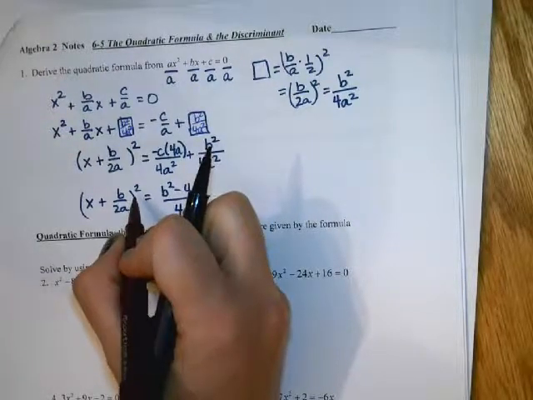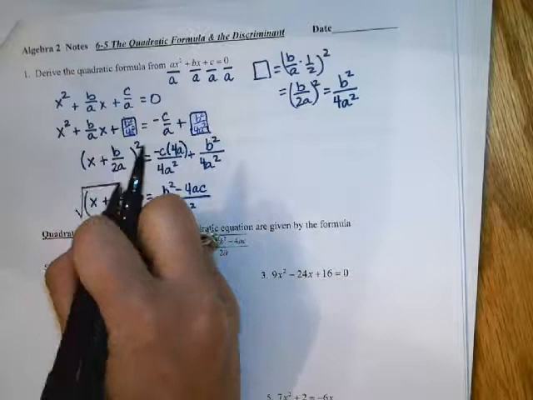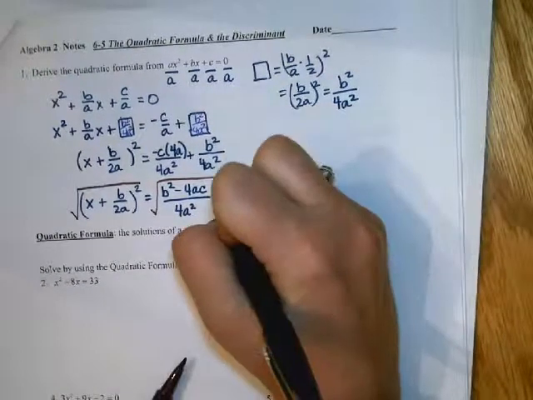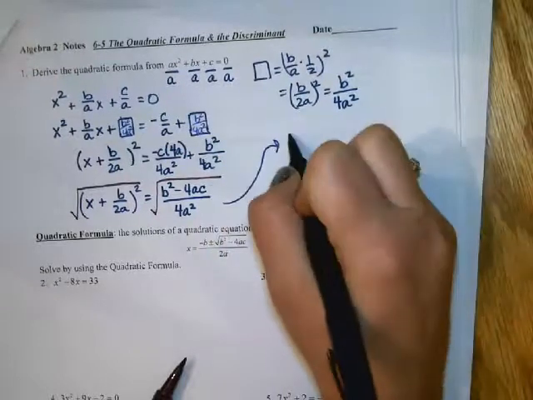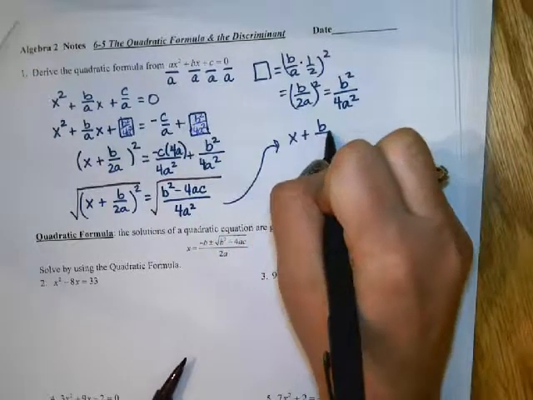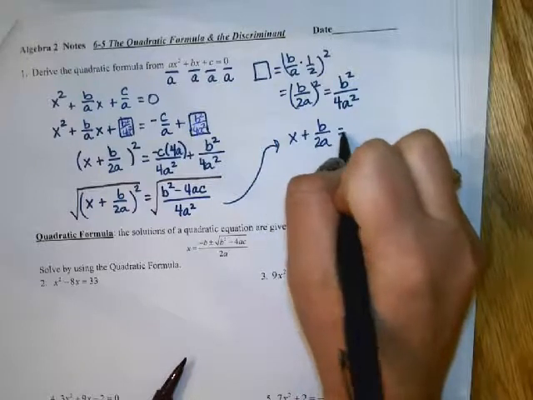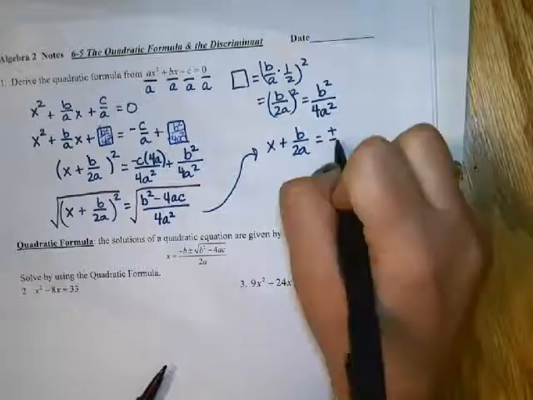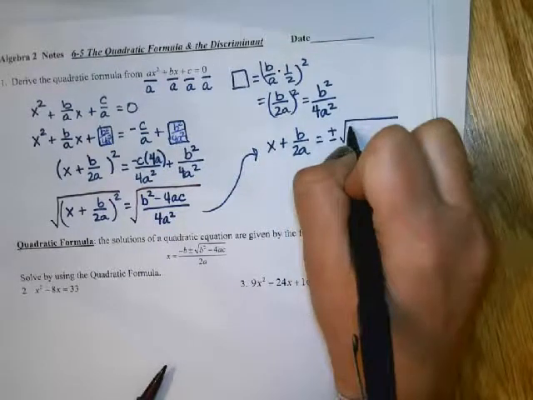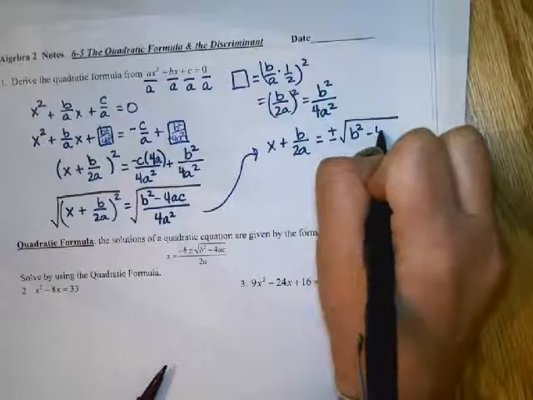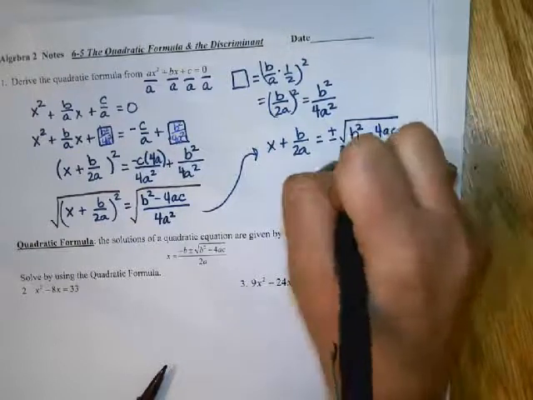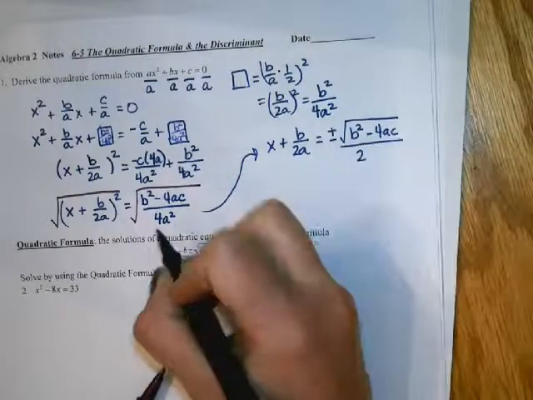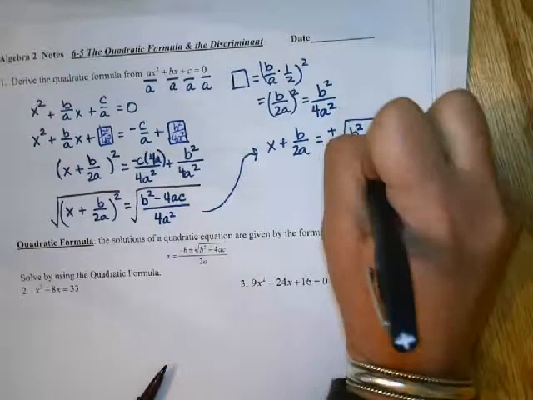And now I'm going to take the square root. So I have x plus b over 2a is equal to, I took the square root, so I have a plus or a minus the square root of b squared minus 4 times a times c, all over the square root of 4 is 2, and the square root of a squared is a.